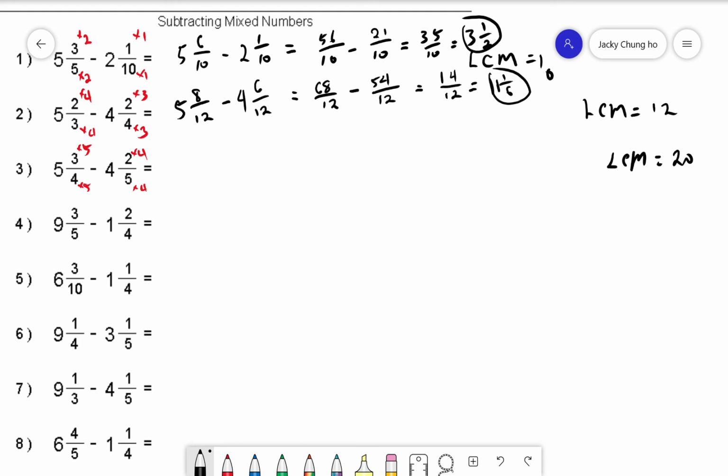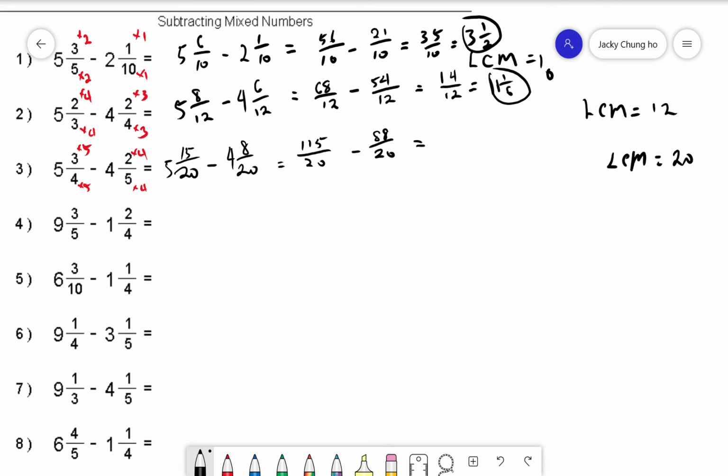So it is the same as 5 and 15 over 20 minus 4 and 8 over 20, equal to, this will be 75 over 20 minus... So for the first mixed number, I'm actually looking at 115 over 20 minus 88 over 20.